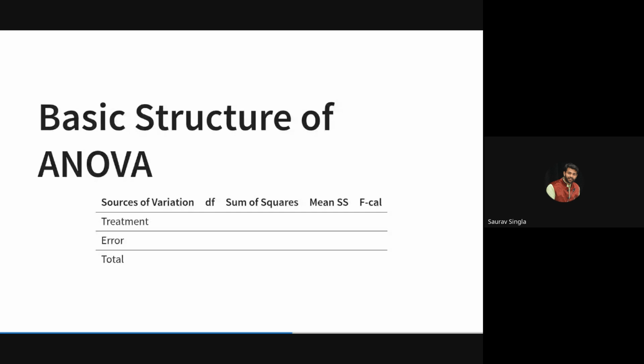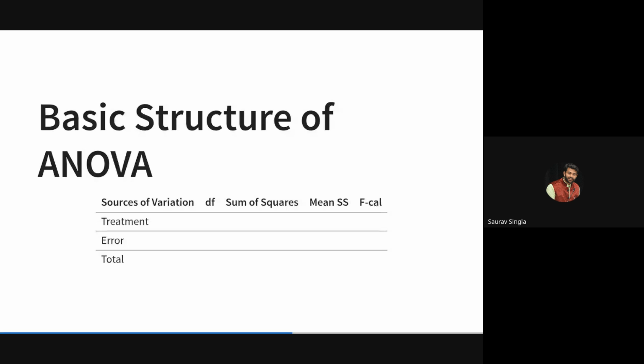You are telling treatment, then you are telling error, then you are taking total. Why are you not multiplying the treatment with error? That could also be possible, no? Why are you not taking the square of treatment and adding to the error? That could also have been done. The formula could have been anything.